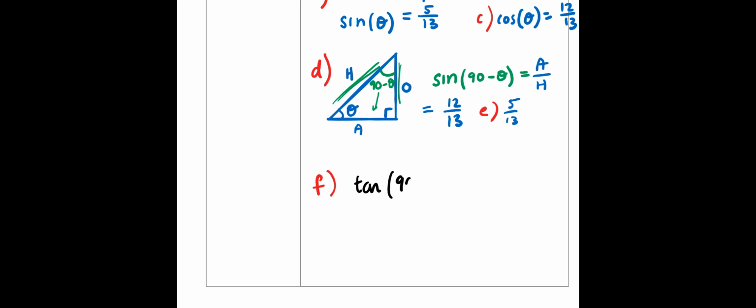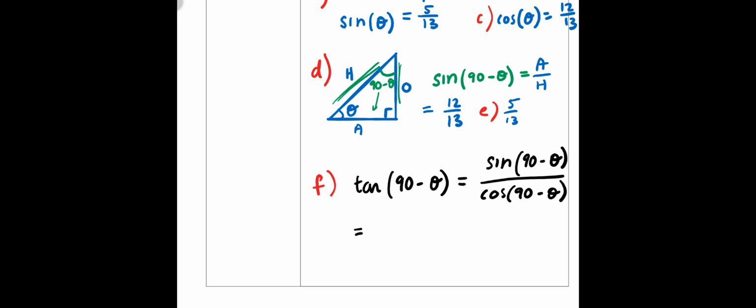Tan of 90 minus theta is sine of 90 minus theta over cos of 90 minus theta. And we already know what these two values are. So we've got 12 over 13 divided by 5 over 13, and that's just going to be 12 over 5.